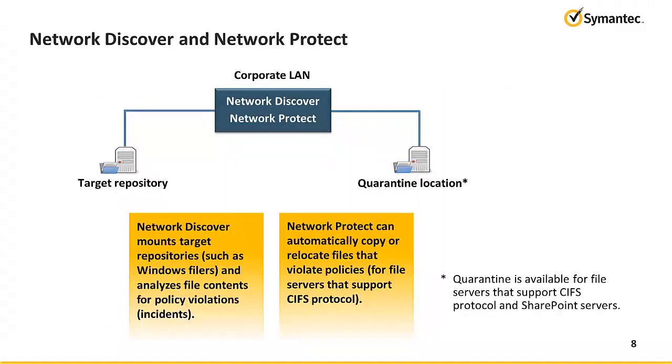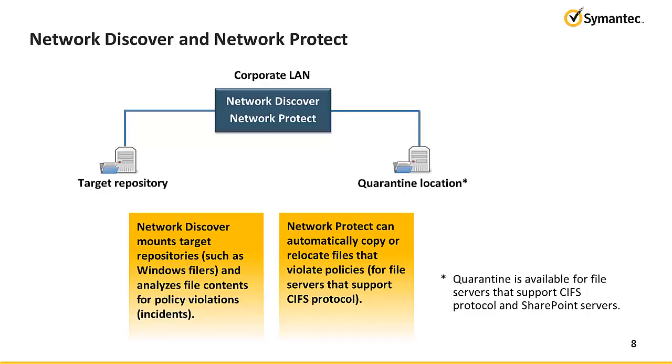The Network Discover product identifies confidential data exposed or residing on file servers, databases, collaboration platforms, websites, desktops, laptops, and other data repositories. Network Protect can then automatically quarantine exposed confidential files residing on file servers or SharePoint servers to a secure location.